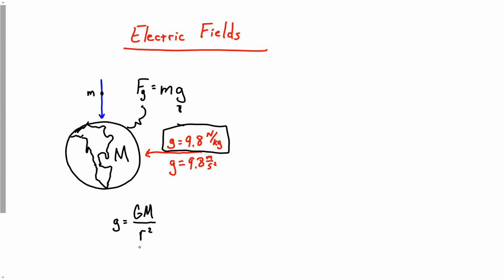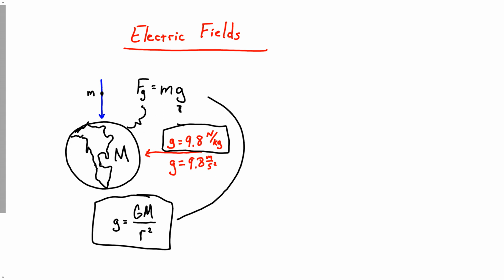And we get this equation from universal gravitation. So what this means is this: if you give me a radius, any radius, I can plug it into this equation. I can tell you a field strength that I can then plug back in here, and I can tell you the force of gravity on an object at any location.